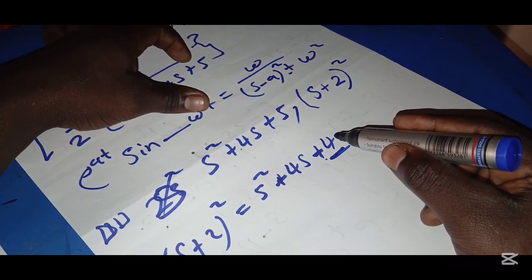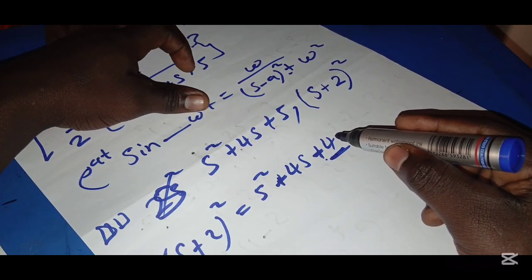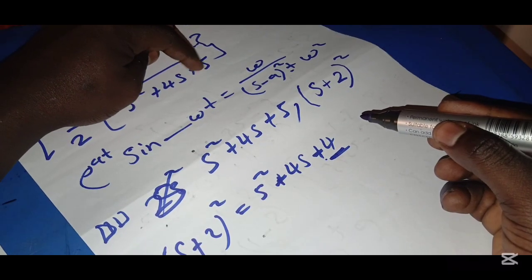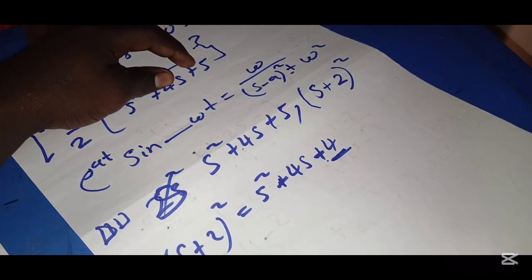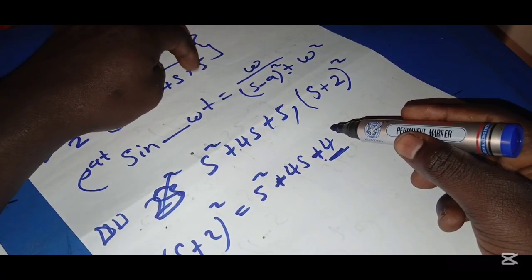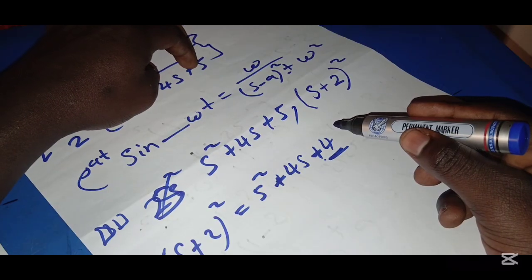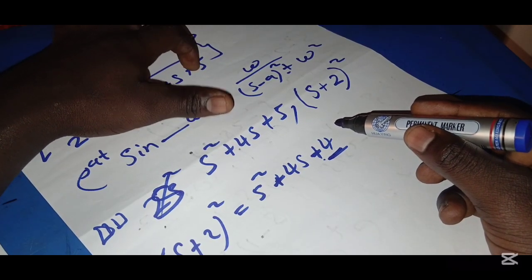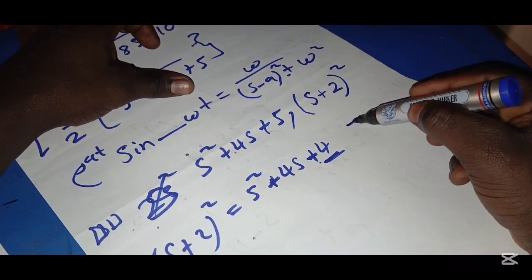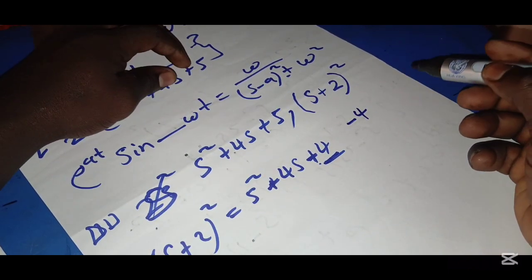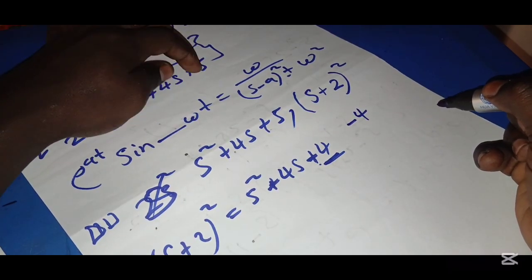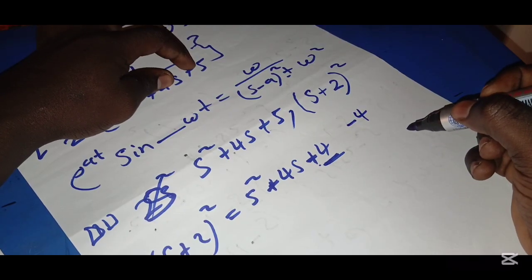So in actual sense, this one is supposed to be positive 1. Is that clear? This one is positive, so it was added to the value here to give us 5. Assuming this one was minus 4 and this one is 5, it means that this one was actually 9 and we deducted 4 from it, remaining 5, right?